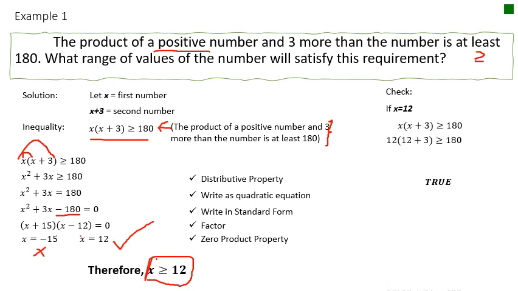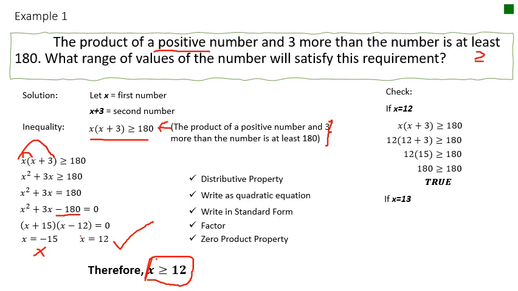Then substitute natin yung value of x which is 12. Then we have 12 times 15 because 12 plus 3 is 15. And 12 times 15 is 180 is greater than or equal to 180 and it is true. It is true because 180 is equal to 180 and ang inequality natin ay greater than or equal to.